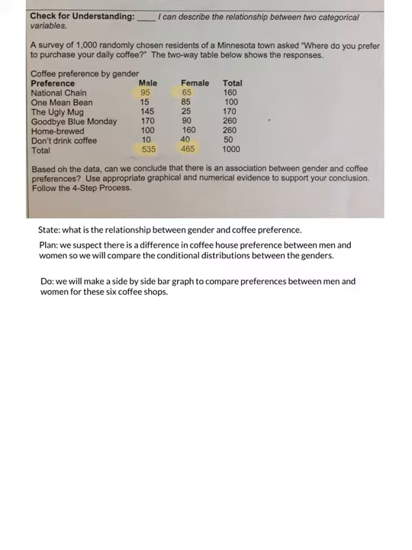So when we divide 95 right there by 535, we get approximately 17.8%. That's this one right there for males. Okay. Then we'll do the same thing for females, and we'll compare that.